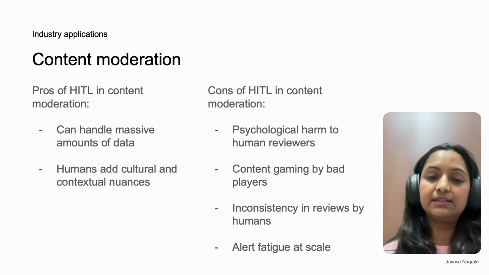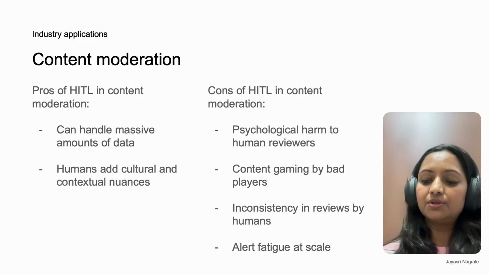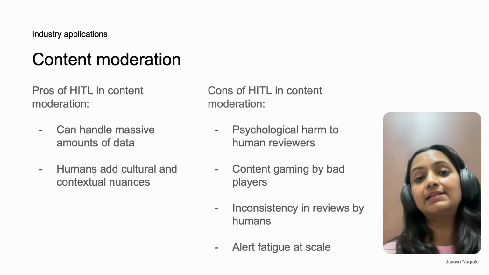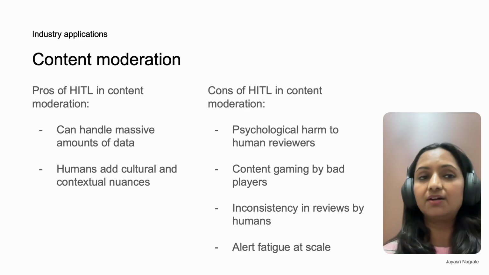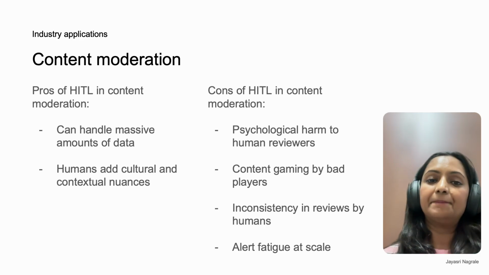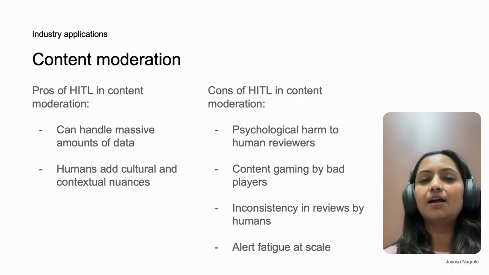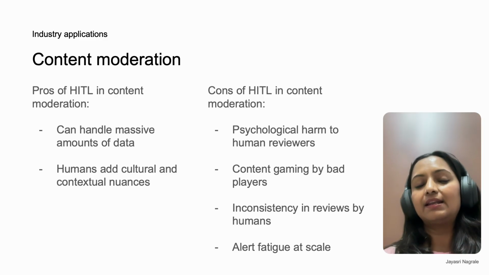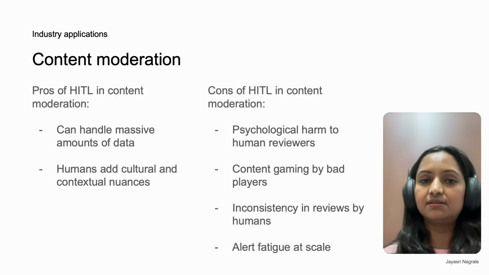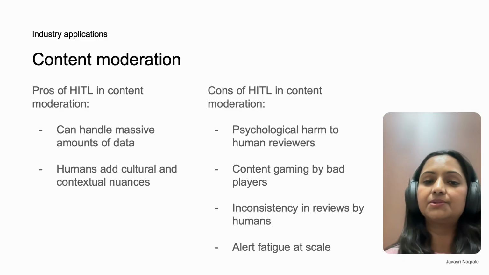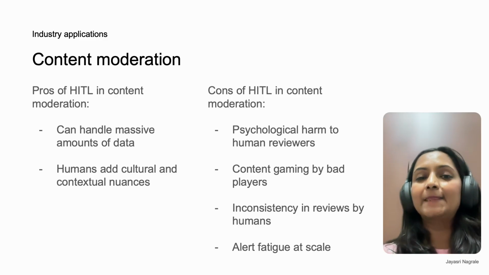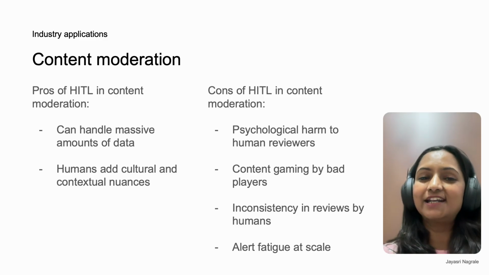Some cons of HITL in content moderation are that there's a psychological harm to human reviewers, because the AI would only highlight cases that it itself is not able to categorize. And most often than not, these can have psychological harm to human reviewers. There's also a chance of content gaming by bad players.